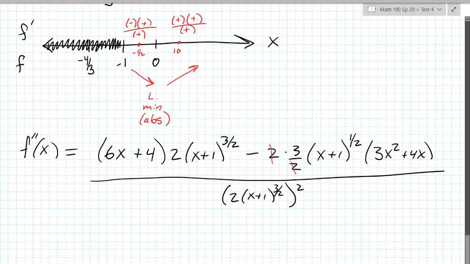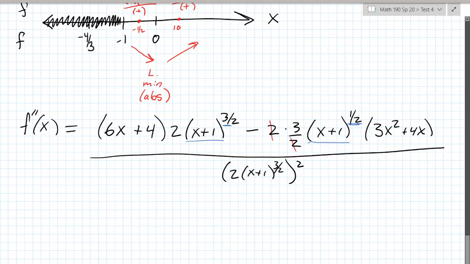I notice that there is an x plus 1 to the half that we can factor out. And I think that looks like that's it for now. So x plus 1 to the positive 1/2 times what's left.